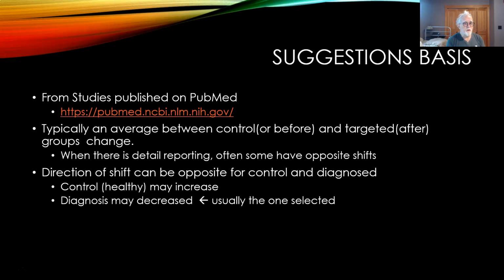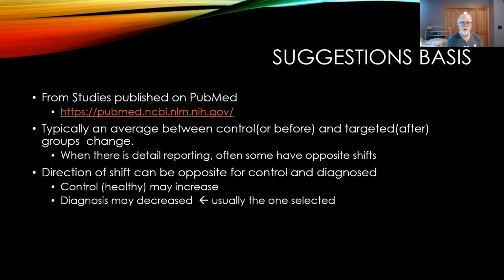The direction of the shift can be opposite for control and for diagnosis. I remember reading one study where something was given and in the control, a particular group of bacteria increased. For those with a particular medical diagnosis, the number decreased. My assumption is that if you're using it, you're dealing with some sort of condition, some sort of diagnosis.